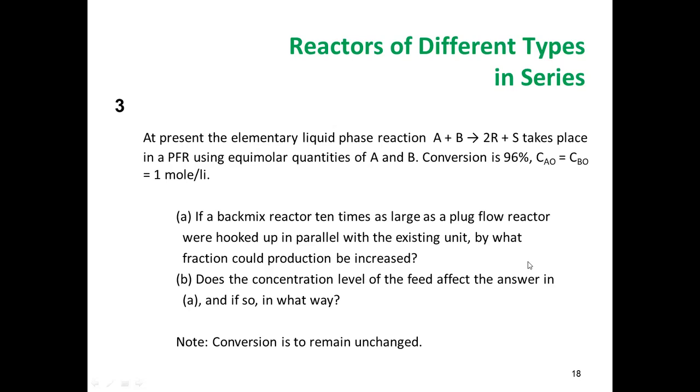Does the concentration level of the feed in this particular problem affect the answer in A, and if so, in what way? So there's a note here that conversion is to remain unchanged.